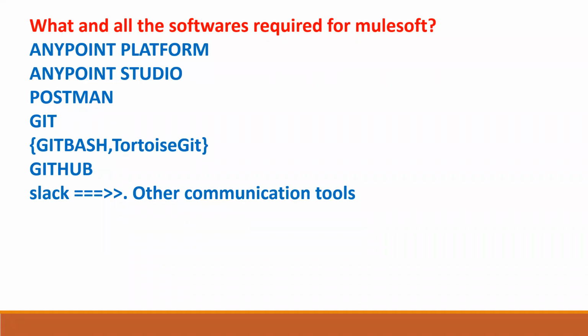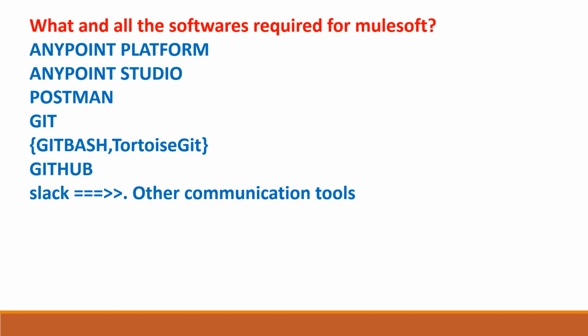Okay. As he said, what we will do is raise a request for the softwares. The moment you join any big organization, if you are working as a MuleSoft developer, they will give you one checklist. If you are a Java developer, they will give you a separate checklist. If you are working on .NET, they will give a separate checklist.